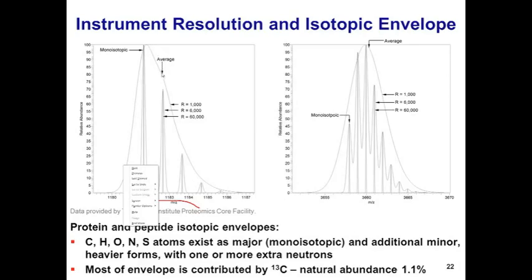Determining where the centroid of this asymmetric peak is performed with moderate precision, and therefore the average mass is always less accurate than the monoisotopic mass. Another important point here is as masses increase, or mass over charge increases, you'll notice that the monoisotopic peak gets smaller because the probability I'll have at least one heavy atom in the peptide increases.